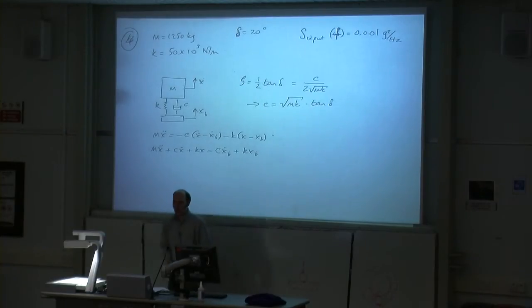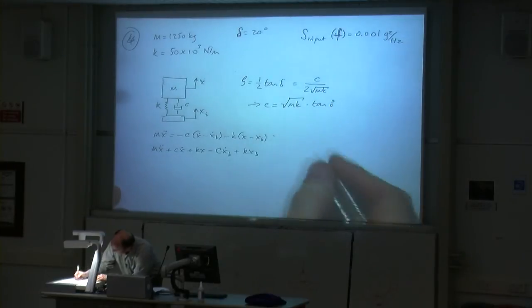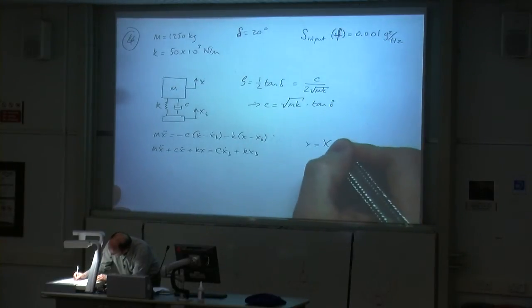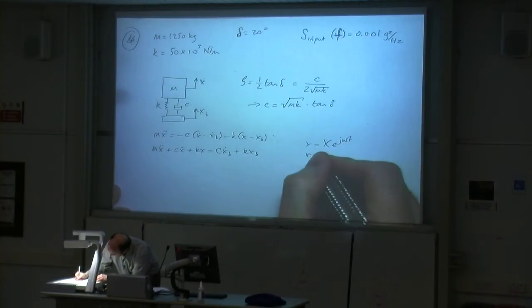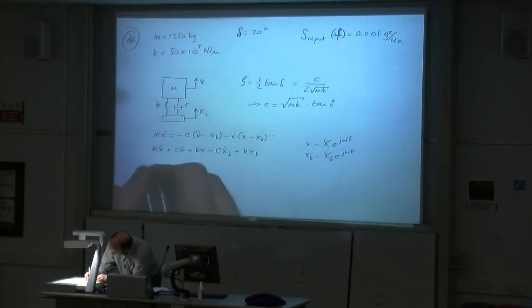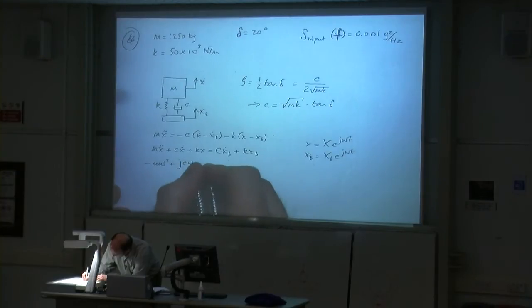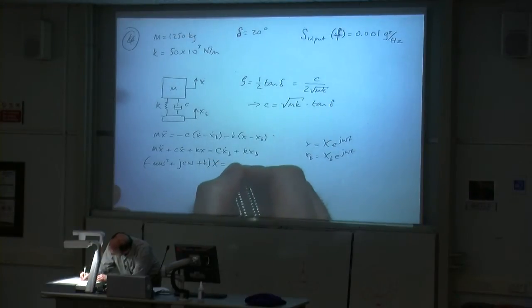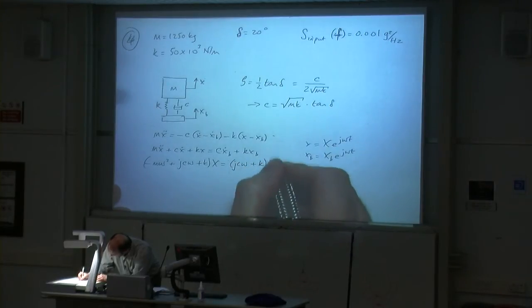So I can work out the frequency response function. If I make the substitution that x is big X e to the j omega t, and xb is big XB e to the j omega t, I end up with an equation that looks like minus m omega squared plus j c omega plus k, times big X, equals j c omega plus k, times big XB.